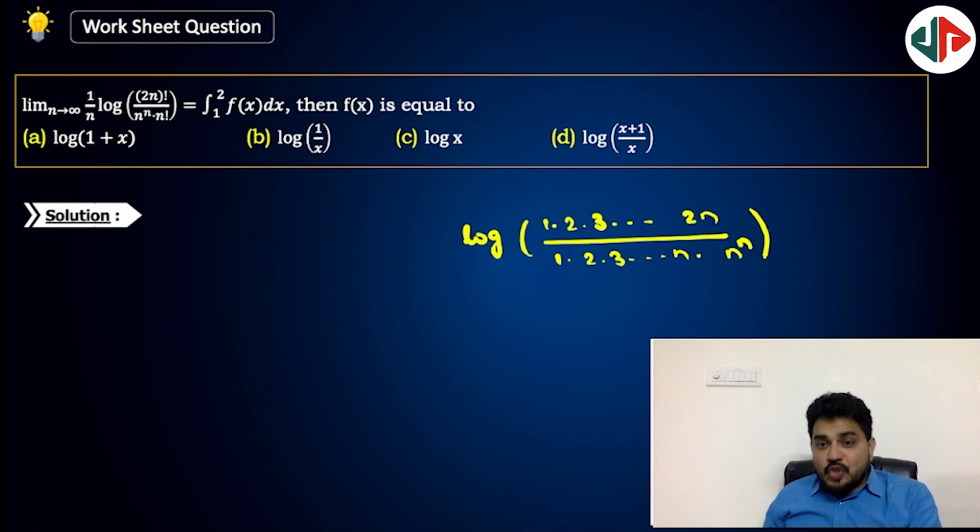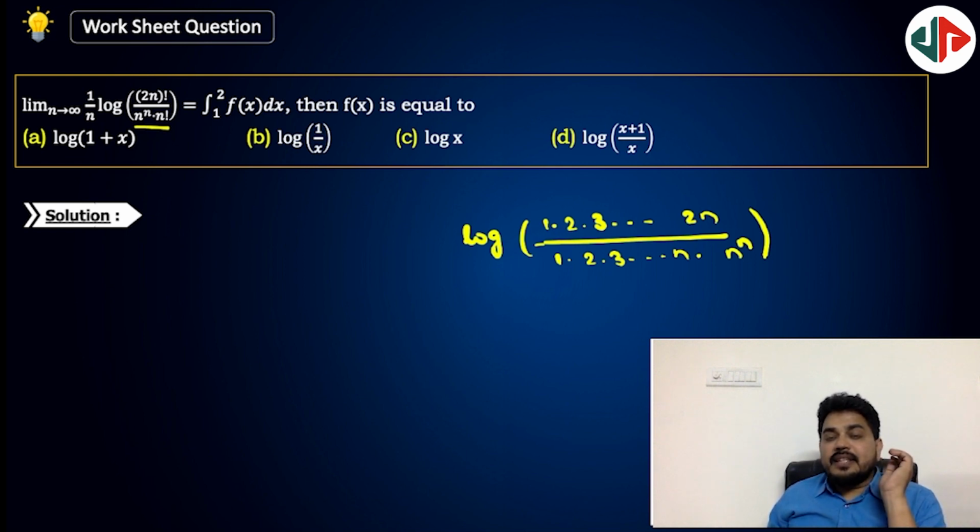So this n everywhere I'll write. So the issue is how you are going to rewrite this one: 2n factorial by n factorial into n to the power of n.